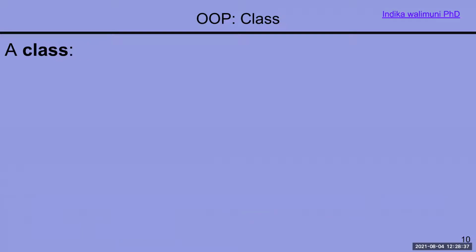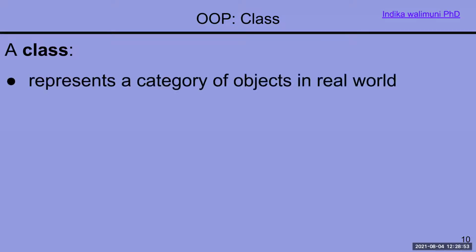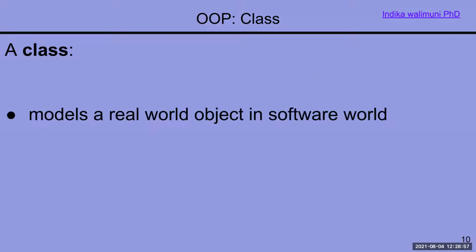Okay, so what is a class then? Well, a class represents an entire population of objects in the same category. Okay, so it represents a category of objects in the real world, and it models the real world object in the software world. Simply, we solve real world problems in the software world.